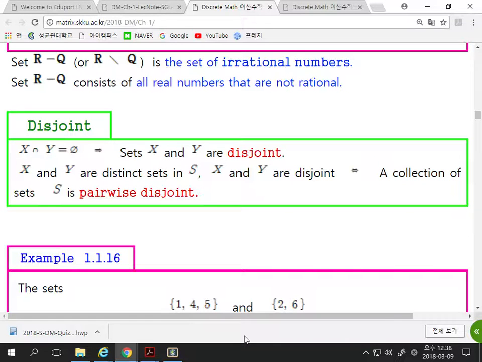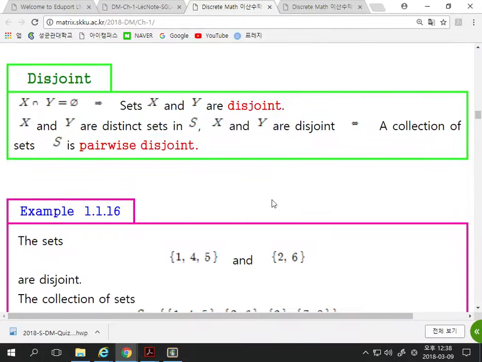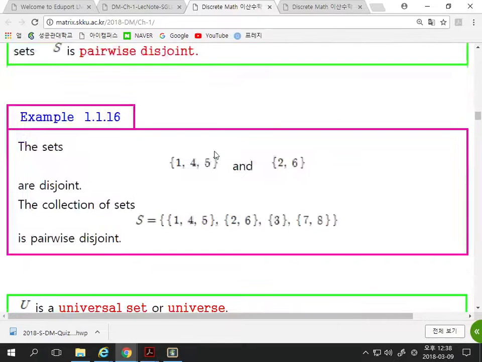Suppose we have a big set S and many finite subsets in it, and every pair of two sets is disjoint, then we call this whole collection pairwise disjoint.